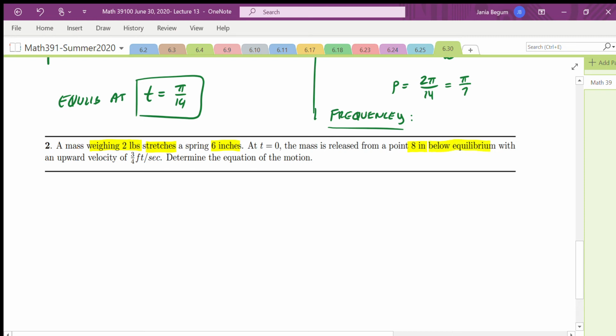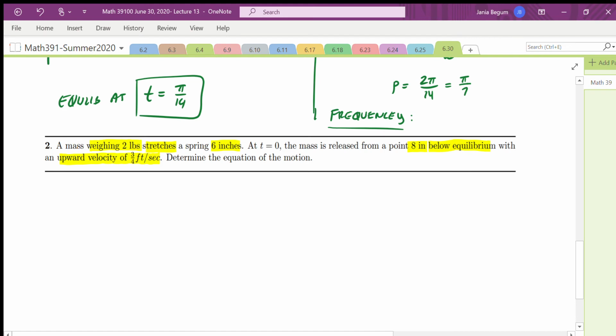So that's important, with an upward velocity of this much. We have to determine the equation of the motion, but I'm just going to set it up. I'm not going to solve it. Solving is just more algebraic skills that you can build up to. So having said that, let's start.